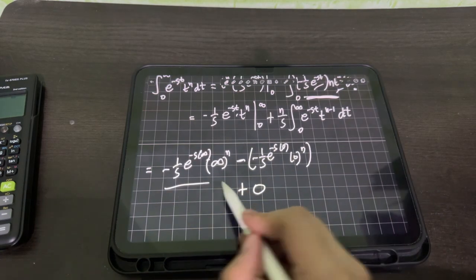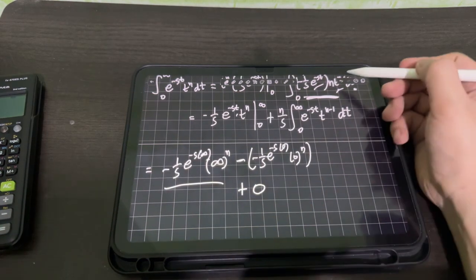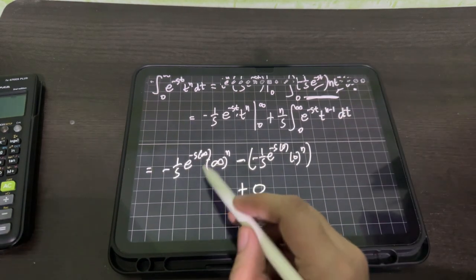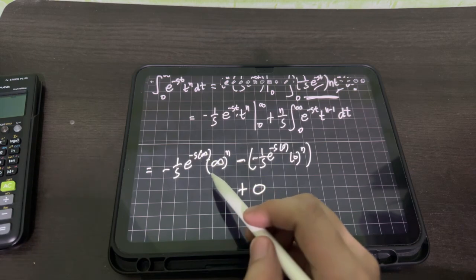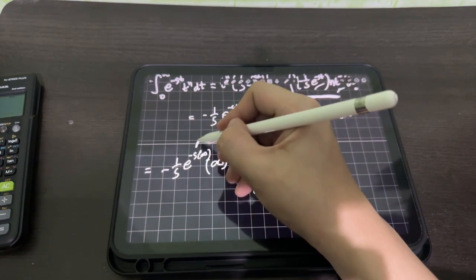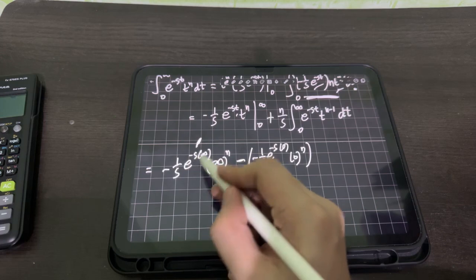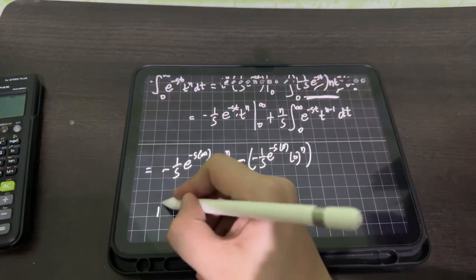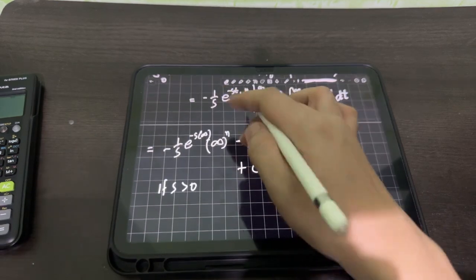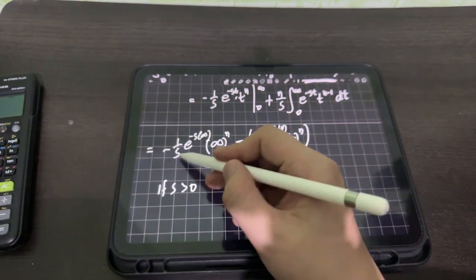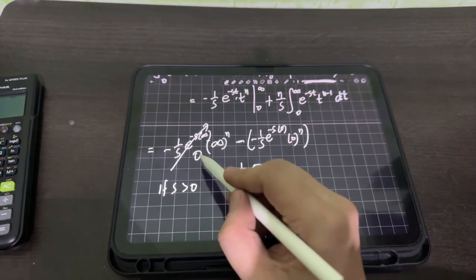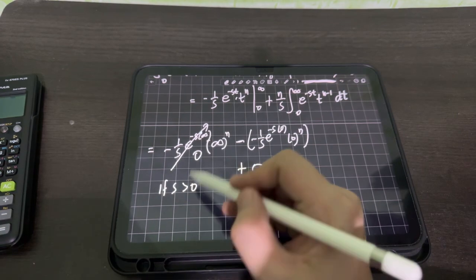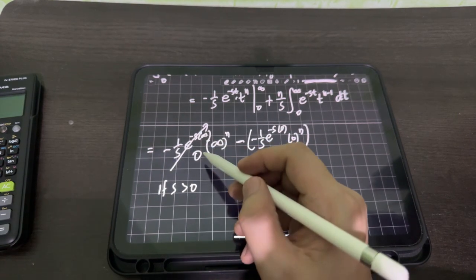So how do we evaluate this limit when we have infinity? Again, just like on the previous problem, we involve e to the negative s times infinity. So if we assign a restriction on s, if s is greater than 0 again, this will approach 0, right? Because it will be e to the negative infinity.